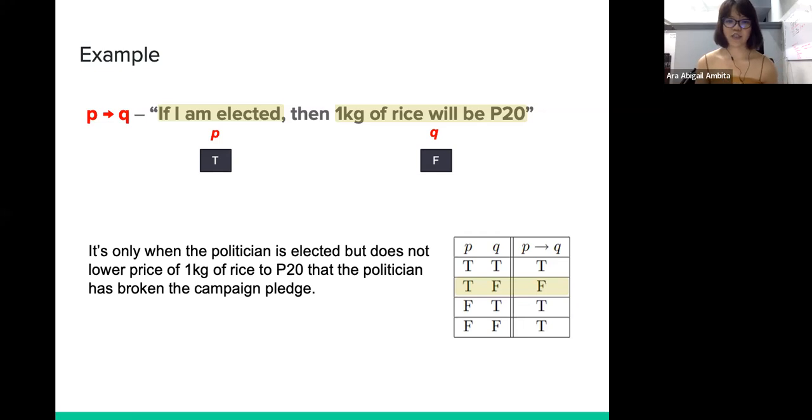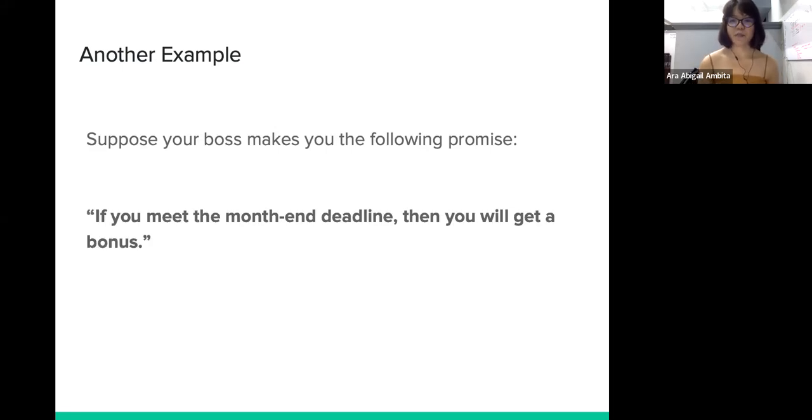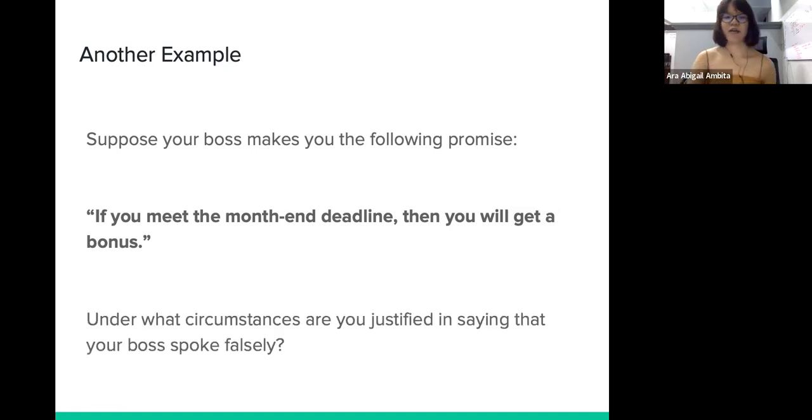So that's a useful way of understanding the implication. Let's have another example. Suppose your boss makes you the following promise: if you meet the month end deadline, then you will get a bonus. You can think of it like, if you pass all your requirements in ComSci 56, then you will pass this course. Under what circumstances are you justified in saying that your boss spoke falsely?